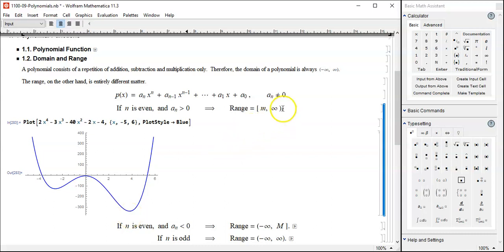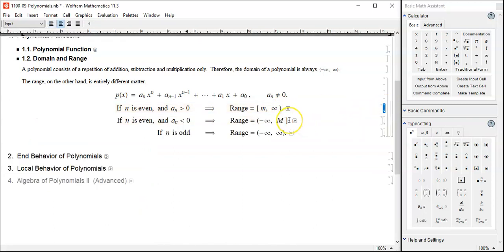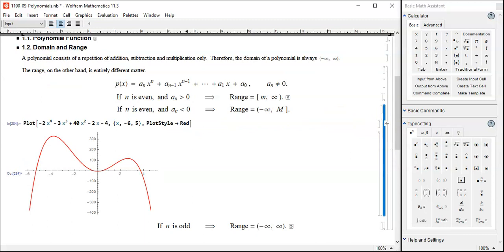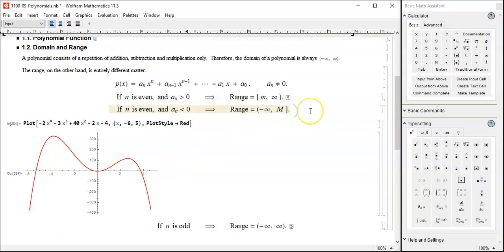So the range is from m to positive infinity. Now, if n is even and the leading coefficient is negative, then it's the other way around. Just flip it, and that's an example. We have the absolute maximum here, and then downward it goes on forever. So the range is negative infinity to capital M.